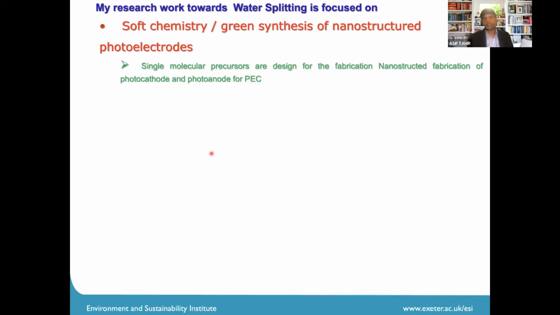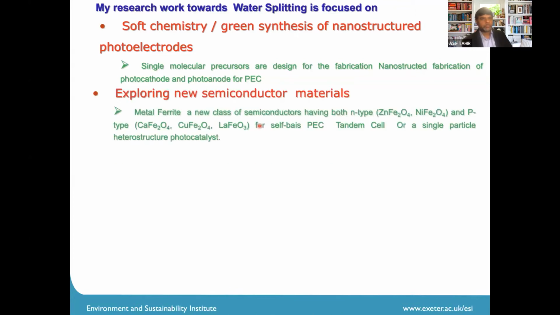In this case, the cheapest substrate is the fluorine doped tin oxide coated glass substrate, for which the maximum temperature we can go to is around 600 to 650. So all these materials need to be fabricated below that temperature.